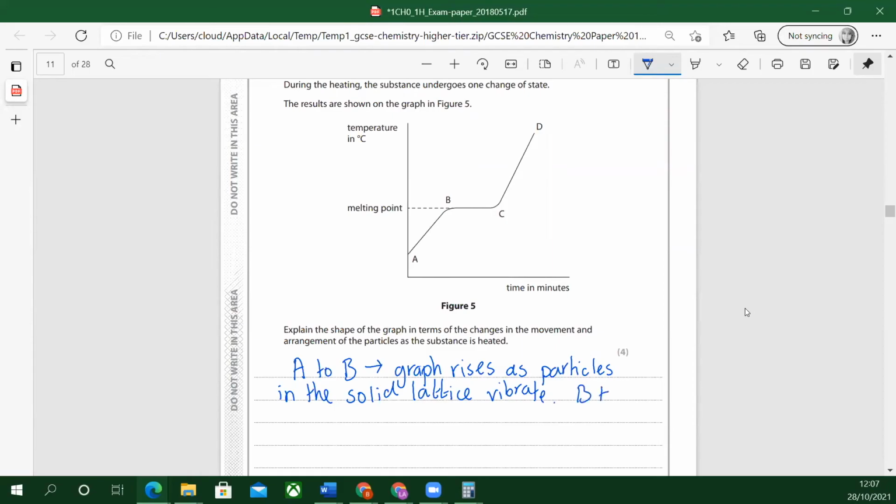Okay, B to C. So the graph is flat as melting is occurring, and the energy is going in to change the state. Energy is put in to changing state.